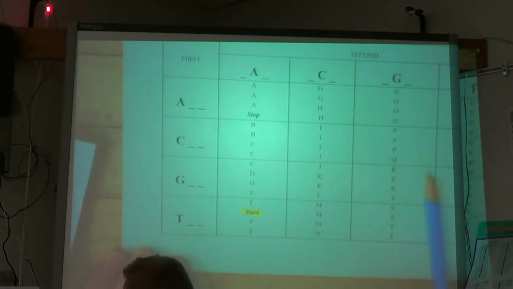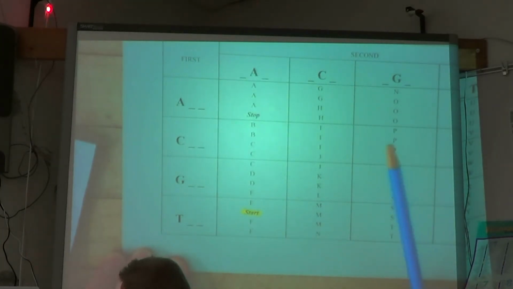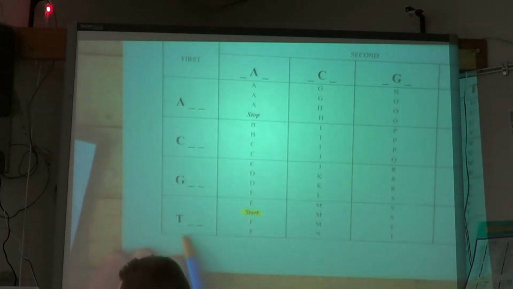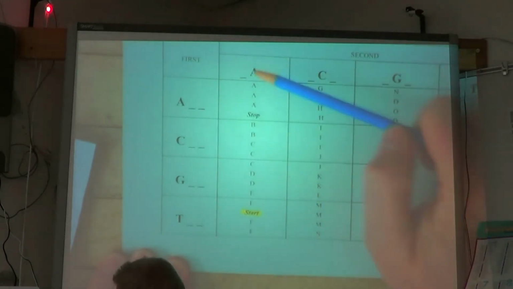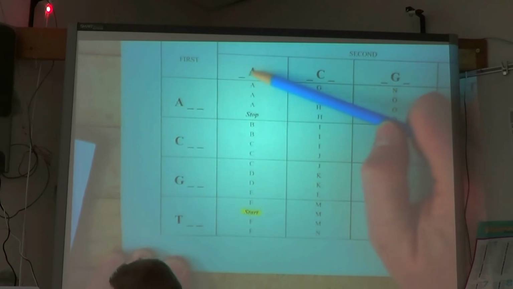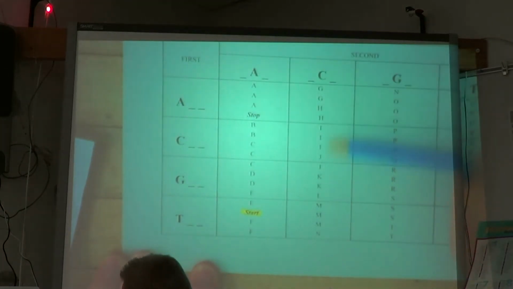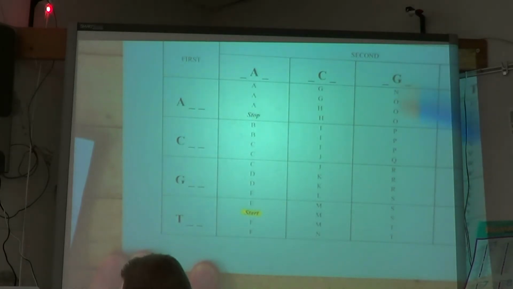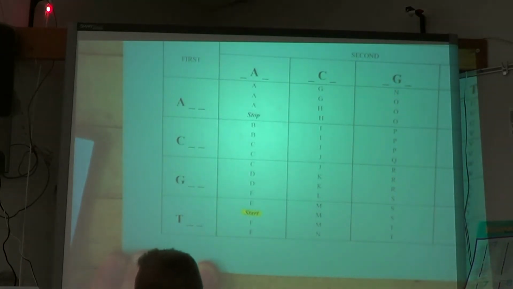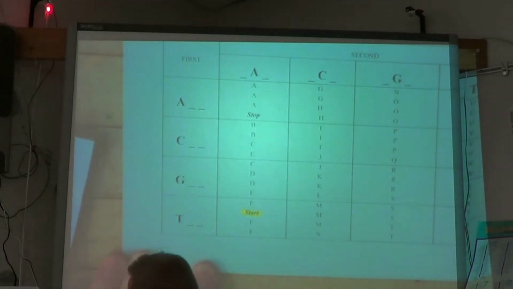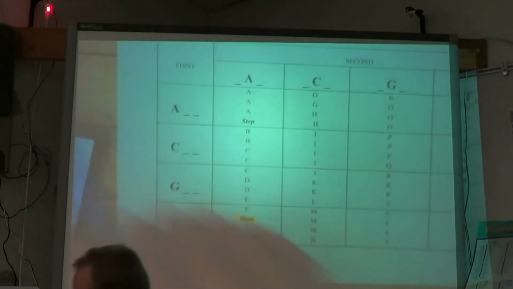The first spot is like a row. The second spot, blank letter blank, represents a column. Blank letter blank represents a different column, and a different column, and a different column. And then the third is a little bit more specific.